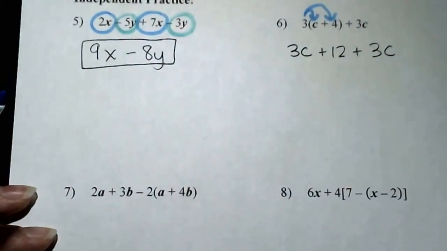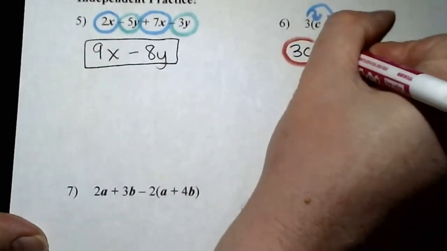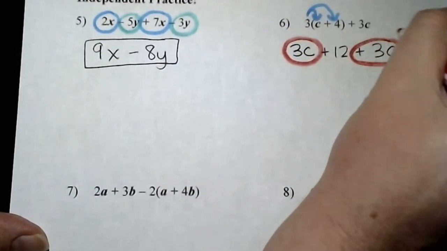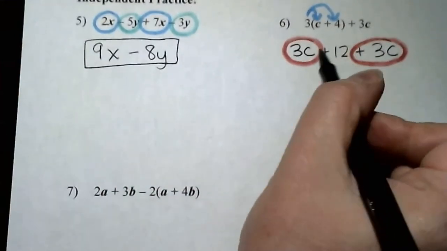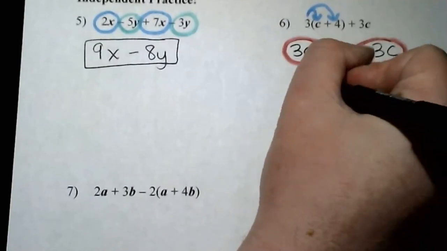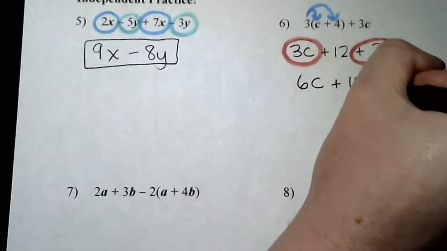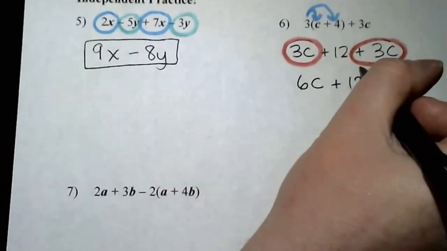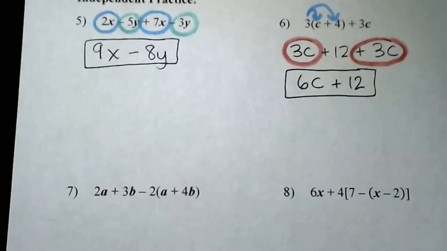That's not going to get distributed. And then I'm going to look and see what I can combine. I see these terms here, 3c plus 3c, both have c. Those are like terms. I can put them together. 3 plus 3 is 6c plus the 12. And that one's done.